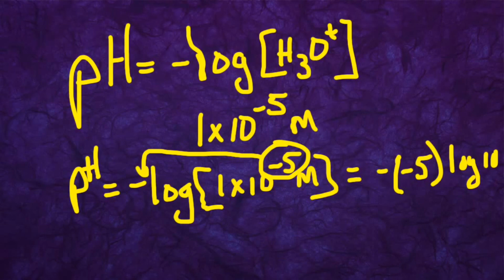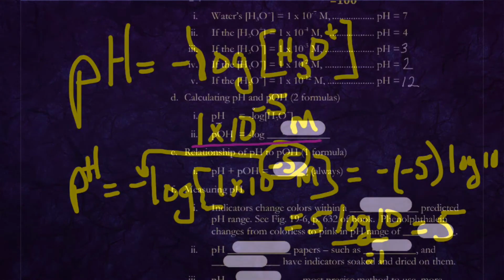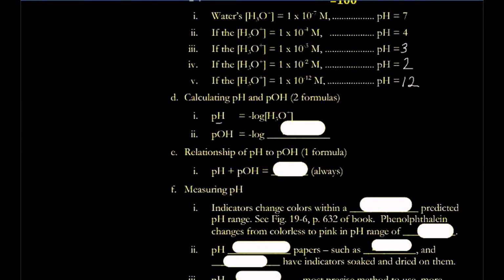Well, that negative times a negative becomes a positive, so that becomes 5 times the log of 10. And since the log of 10 equals 1, the pH of something that is 1 times 10 to the negative fifth becomes simply 5. Okay, so that's how we calculate our pH.